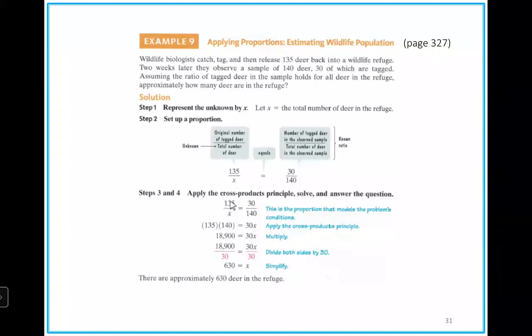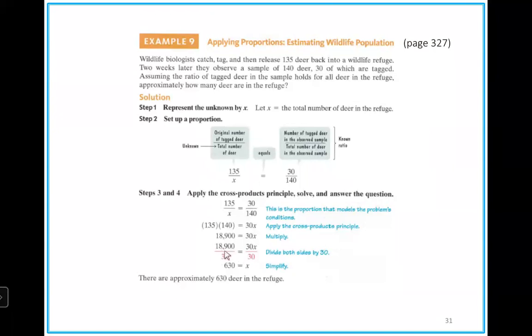So they put the 135 over the unknown amount. We don't know what the total is, but in my amount that I observed, 140, 30 had the tag on them. So you do your cross multiplication: 30x is equal to 140 times 135. And we continue multiplying and dividing. So 135 times 140 gives me 18,900 equals 30x.